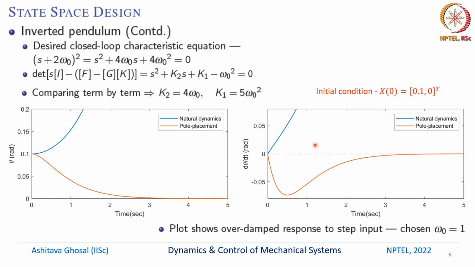We can also see what d theta by dt is. The d theta by dt will increase, whereas after we use the controller, it will decrease for a while and then it goes back to 0. Theta dot going to 0 means the pendulum is no longer moving, and theta also goes to 0.